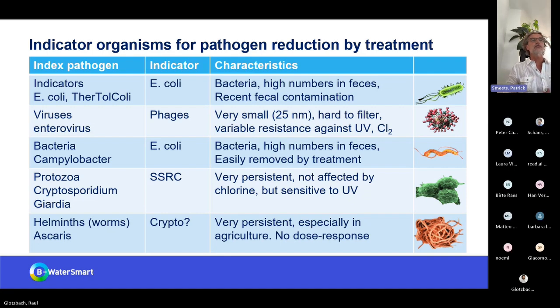For viruses, bacteriophages are used, which are viruses that affect bacteria. And these are used in experiments, or preferably if you have an existing system, are monitored in practice to evaluate the treatment efficiency. So it's not really an indicator for the presence of the pathogens, but rather on how efficient is a treatment for a certain type of pathogen. And similarly, we see different organisms for other pathogens.